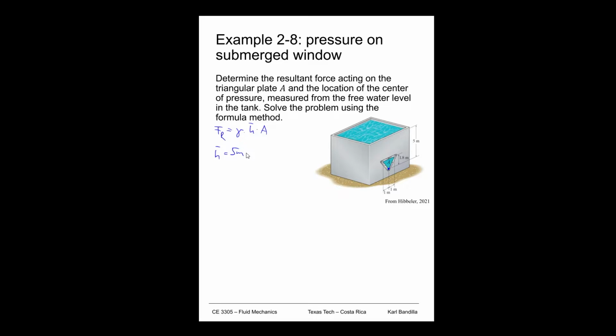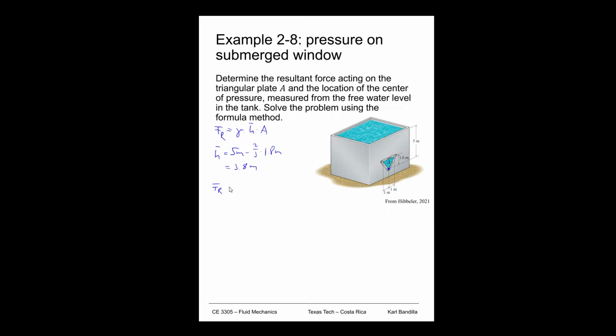So that'd be minus 2/3 times 1.8 meters. A third of 1.8 is 0.6, so that'd be 1.2 meters. So 5 minus 1.2 is, of course, 3.8 meters.